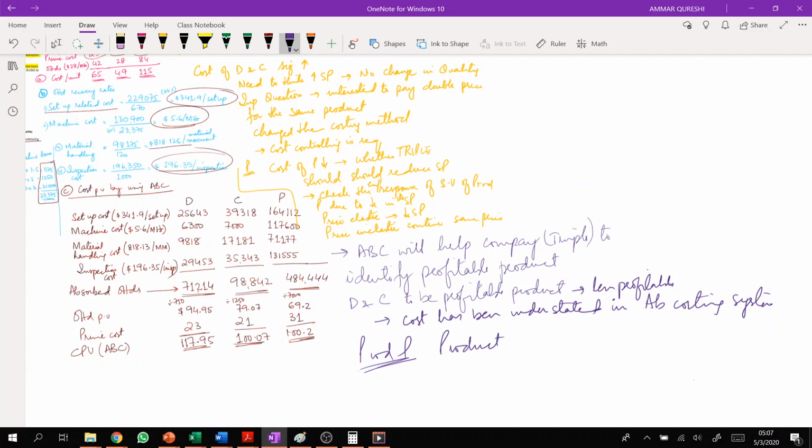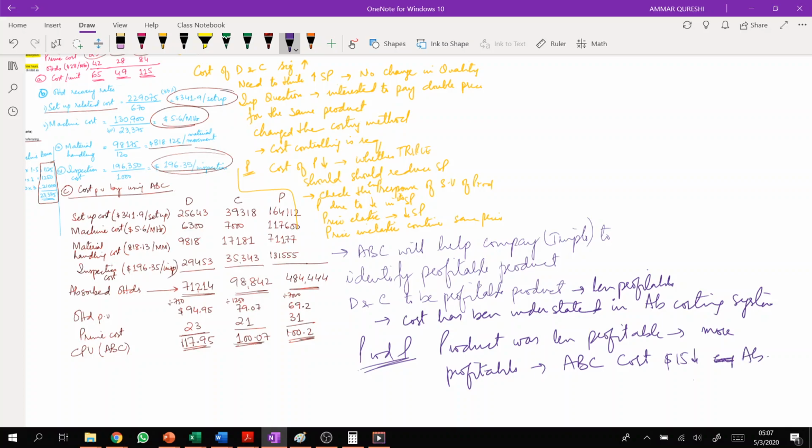We were thinking that the product was less profitable, but actually the product is more profitable, because in activity based costing its cost is approximately $15 lower as compared with absorption costing.